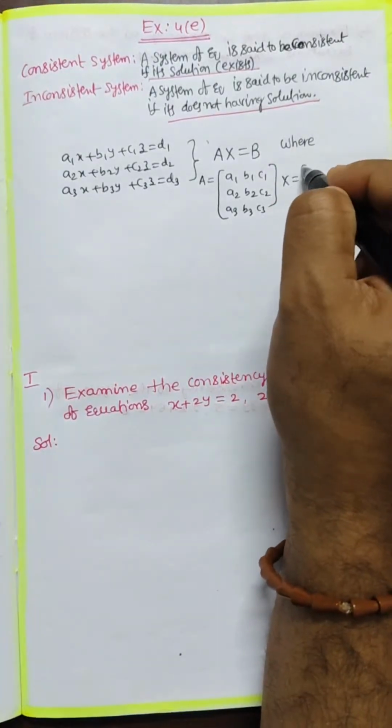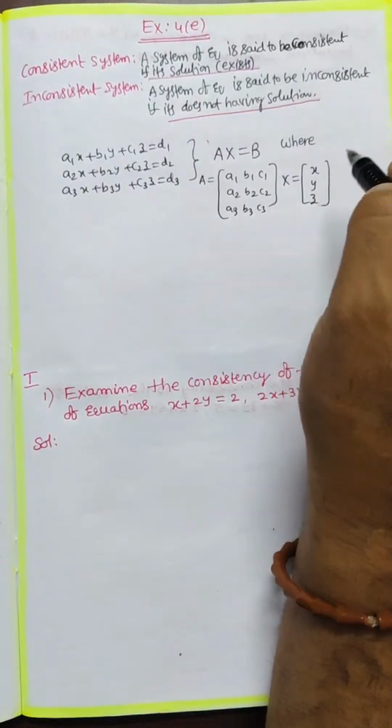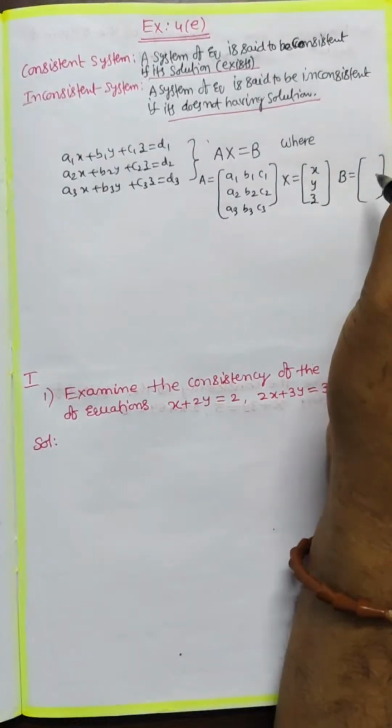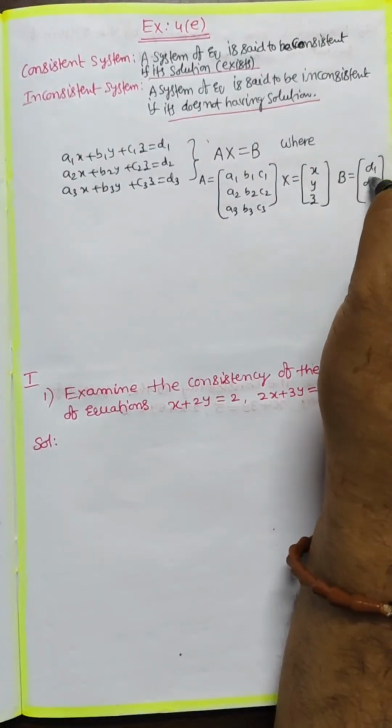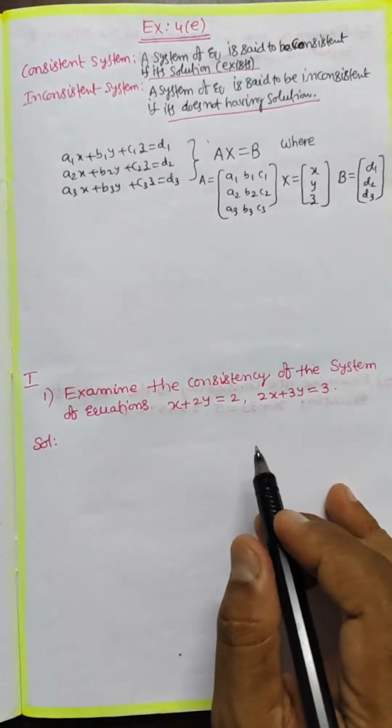Capital X is the solution matrix x, y, z, and capital B is the constant matrix d1, d2, d3.